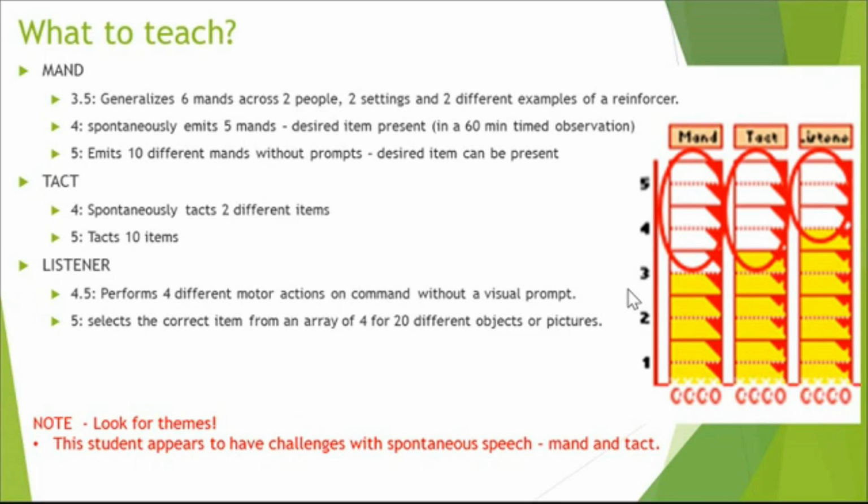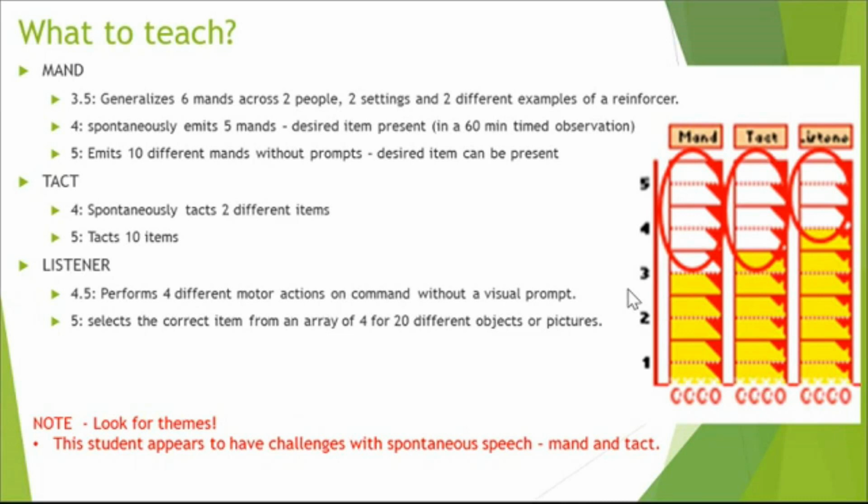We want to teach the deficit and not continue to add on to strengths, because that really just increases gaps in the learning. Do not advance one repertoire at the expense of the other.